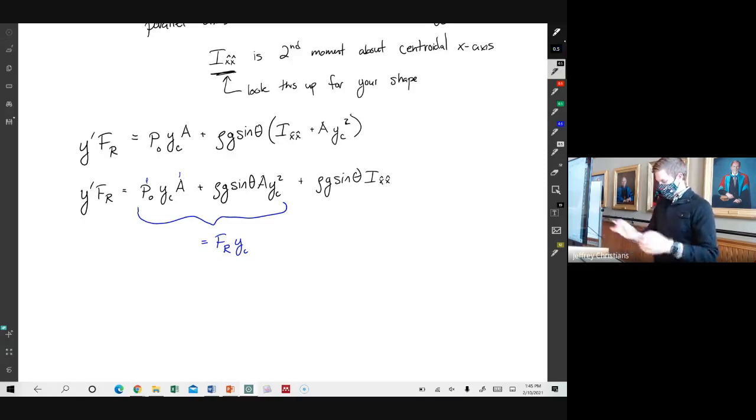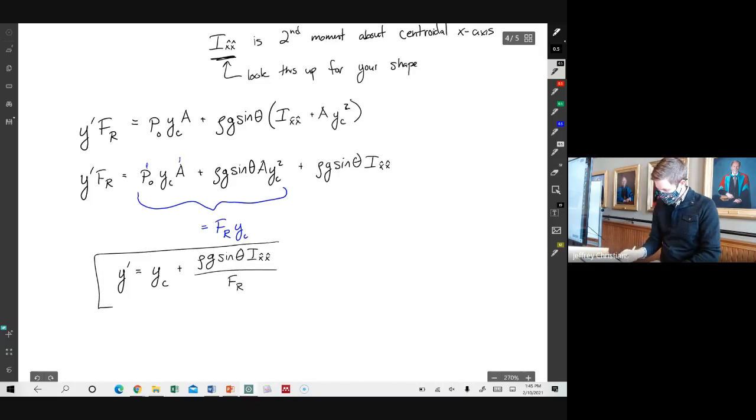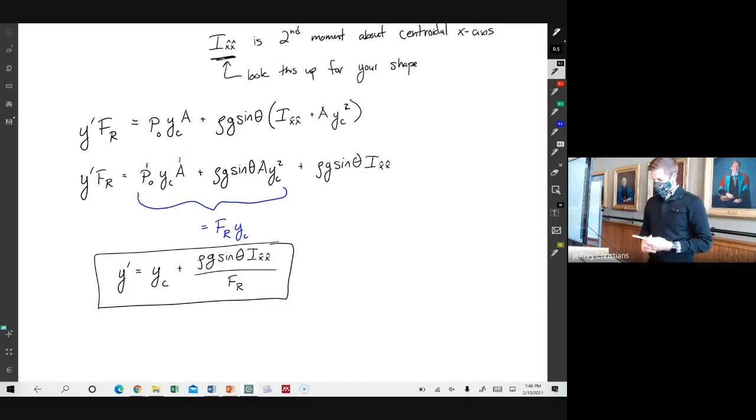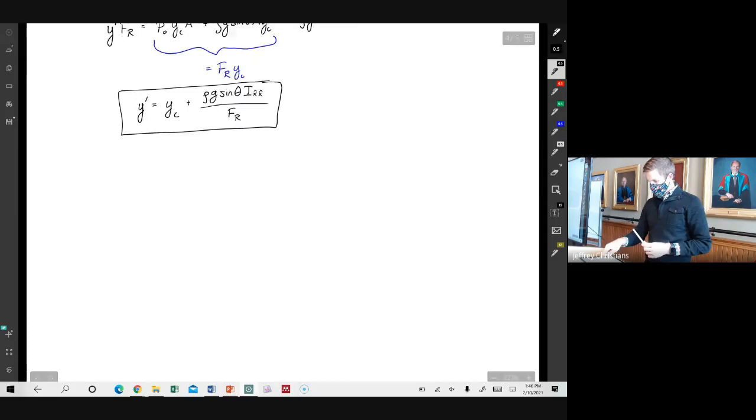The second part we'll leave alone for right now, but if we divide both sides by the resultant force, that gives us yc plus rho g sine theta I x hat over FR. So that's kind of cool.